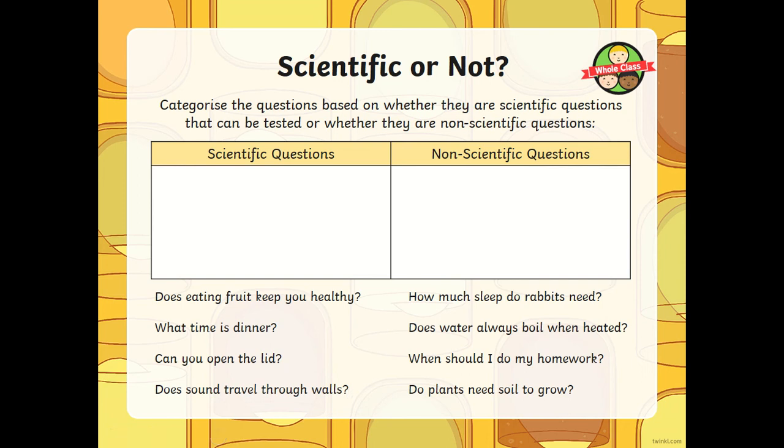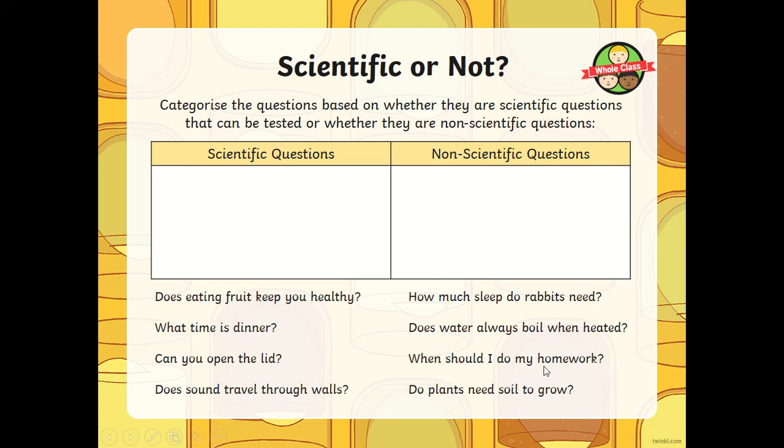That's something that could be investigated scientifically, isn't it? So I would put that in scientific questions. How much sleep do rabbits need? I'd imagine that's something that you could investigate, so I would put that in scientific questions. Does water always boil when heated? I would think you could do a scientific inquiry around that, so I'd put it in scientific questions.